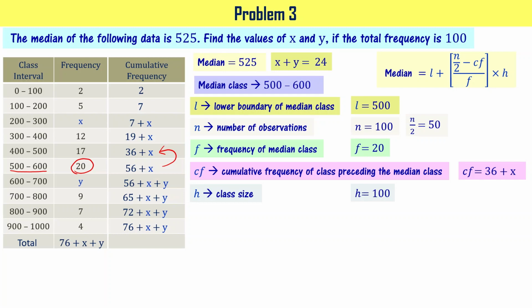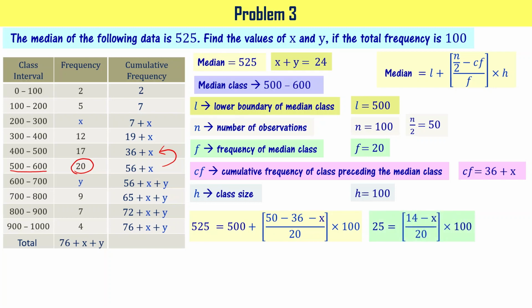Let's substitute all these such that median 525 equal to 500 plus 50 minus 36 minus x divided by 20 times 100. When you simplify it, if I subtract 500 from 525, it becomes 25, right? And 50 minus 36 is 14.